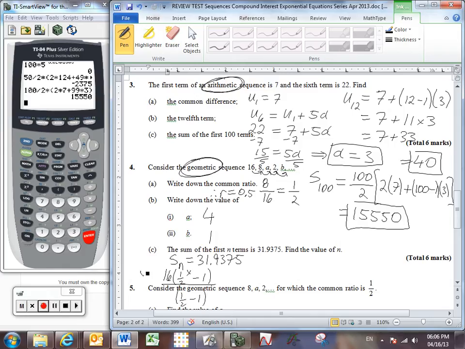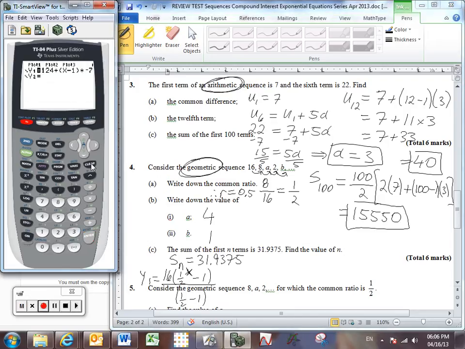And so we want to find out where this y1 expression is going to be equal to 31.9375 as I examine my table. I'm going to use a table because I know that the number I'm looking for, the number of terms, must be an integer.